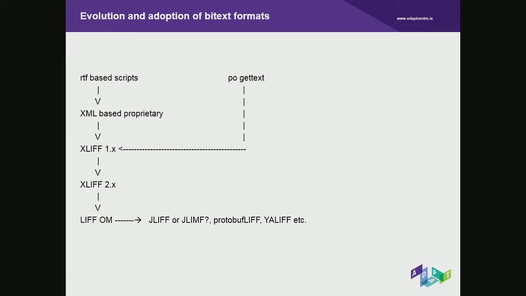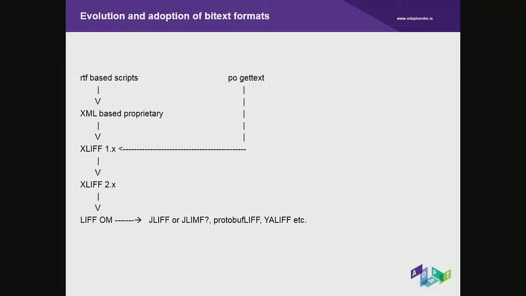The Bitext evolved from the RTF, it's called unclean RTF, where both the original content and the translation are stored using some extensions. Then there was the XML-based proprietary format. Maybe some of you know the TTX in Trados.